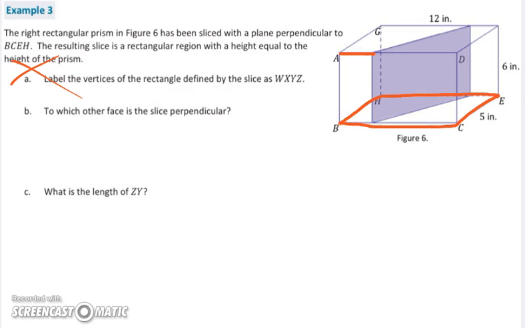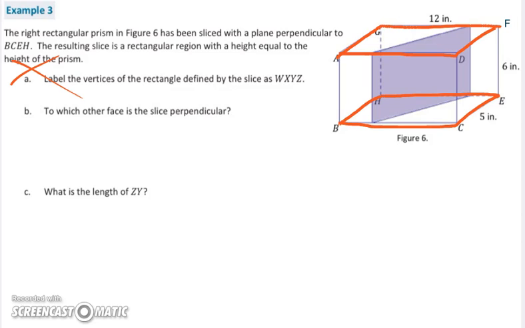So A, D, that letter got cut off there. I don't know what that letter is actually. You might know it on your paper. And then G. Oh, there it is. That missing letter was F. Since it was perpendicular to the base, it's got to also be perpendicular to the base opposite it.